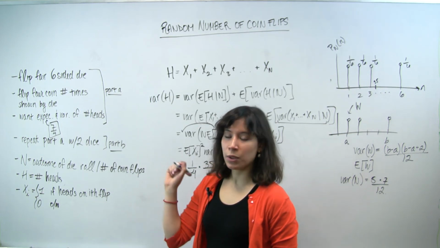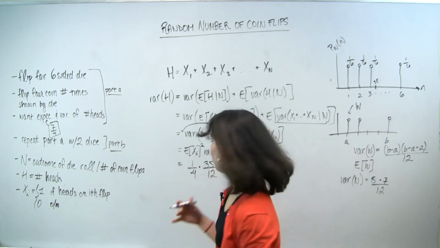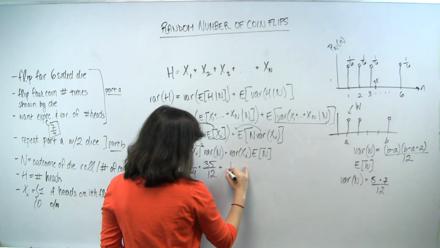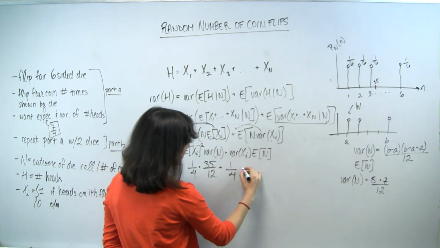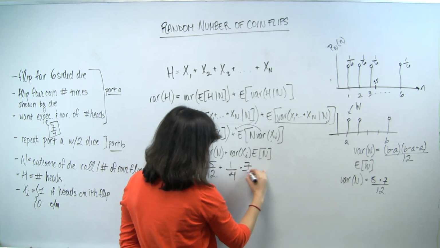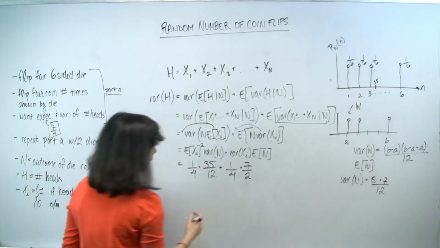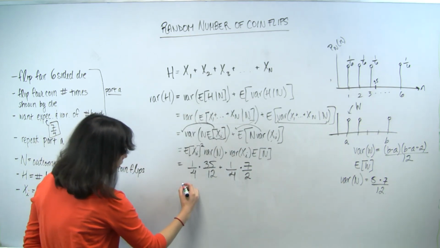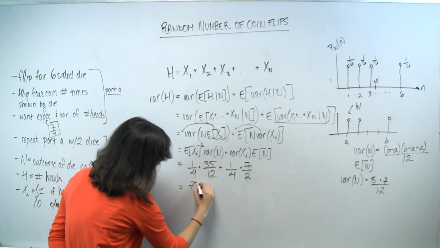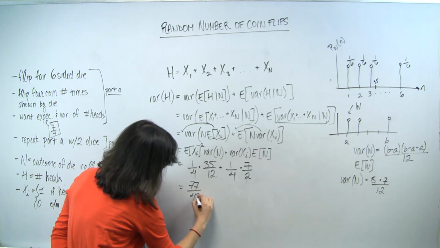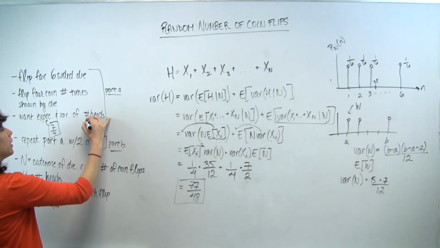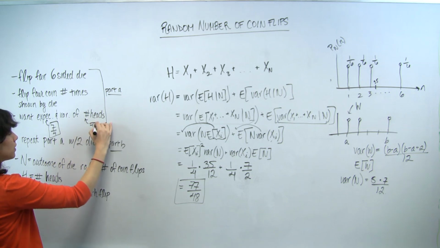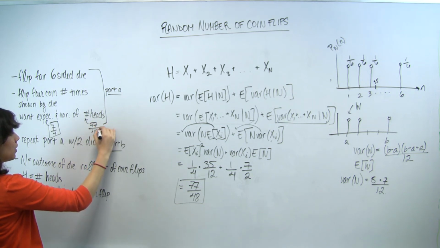So in our case, that's 1/2 times 1/2, which is 1/4. So we get 1/4, and then the expectation of n, we remember from our previous computation, is just 7 over 2. I will let you do this arithmetic on your own time, but the answer comes out to be 77 over 48. So I will go ahead and put our answer over here, 77 over 48, so that I can erase.